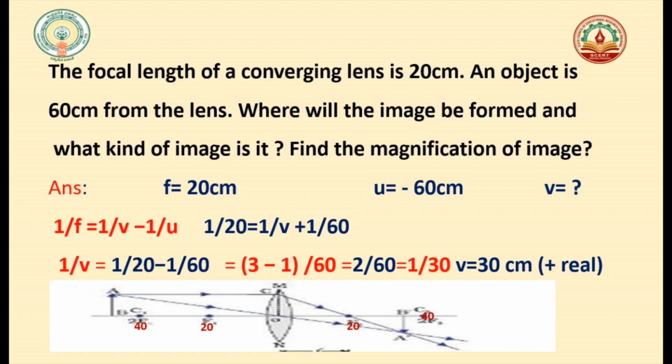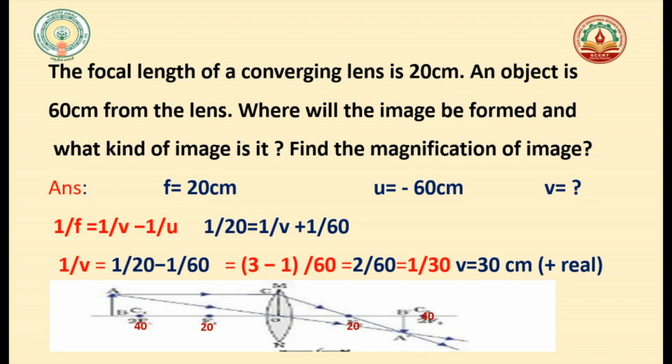That is, u is equal to 60 centimeters, so the object is kept beyond C2. If the object is kept beyond C2, the image will be between F1 and C1, and the nature of the image will be real, inverted, diminished.